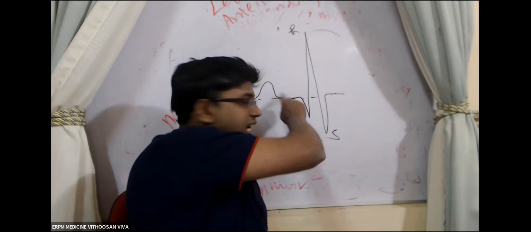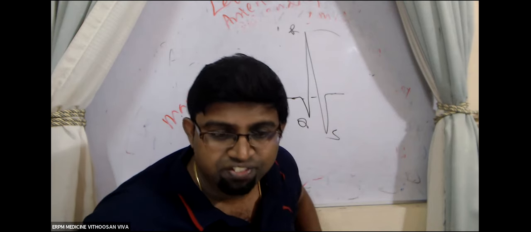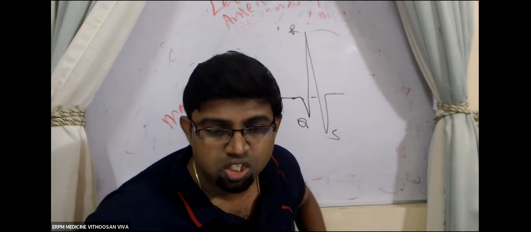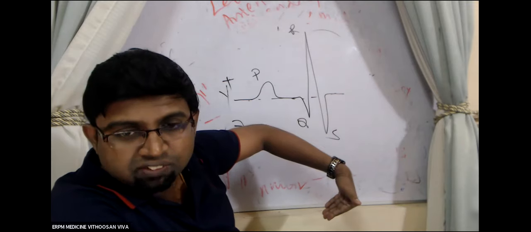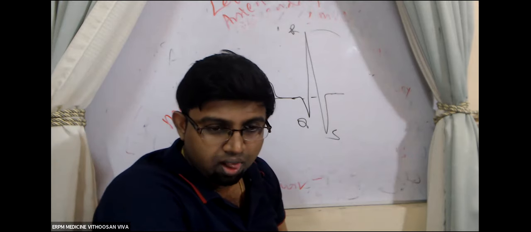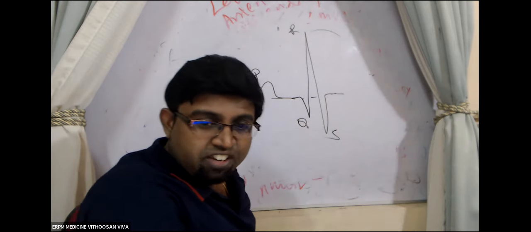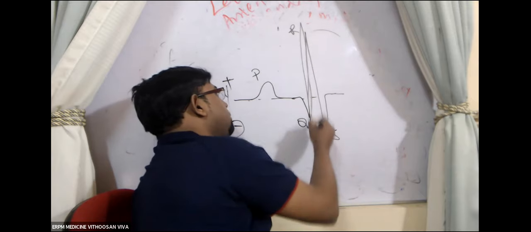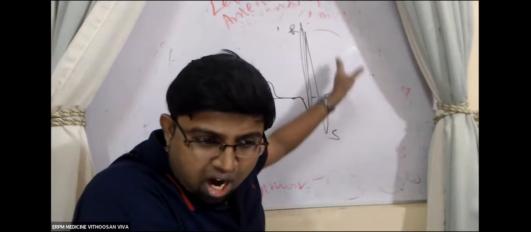What is going in this way is called negative, and what is going in this way is called positive. And the next positive deflection is called R.